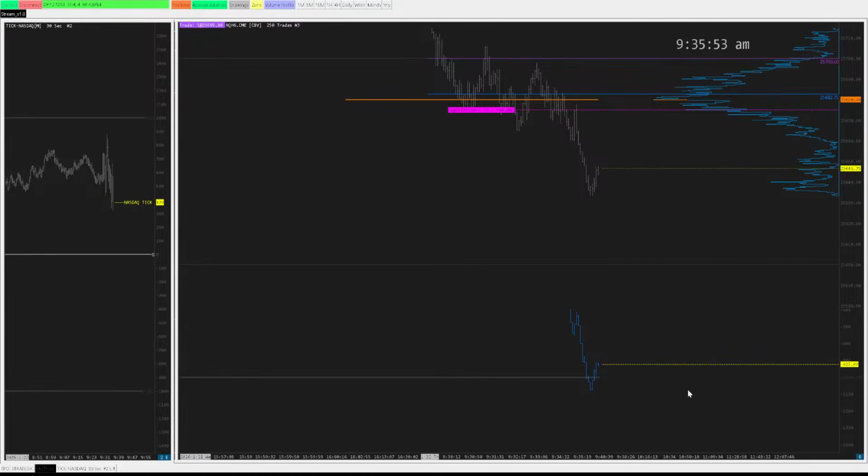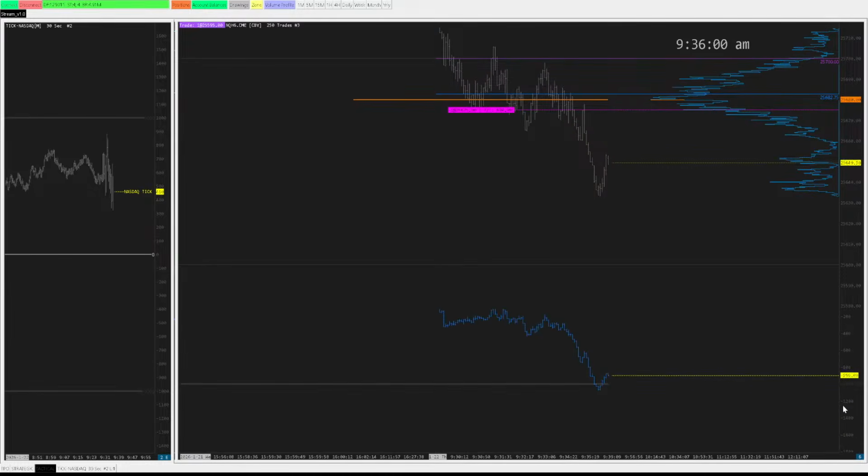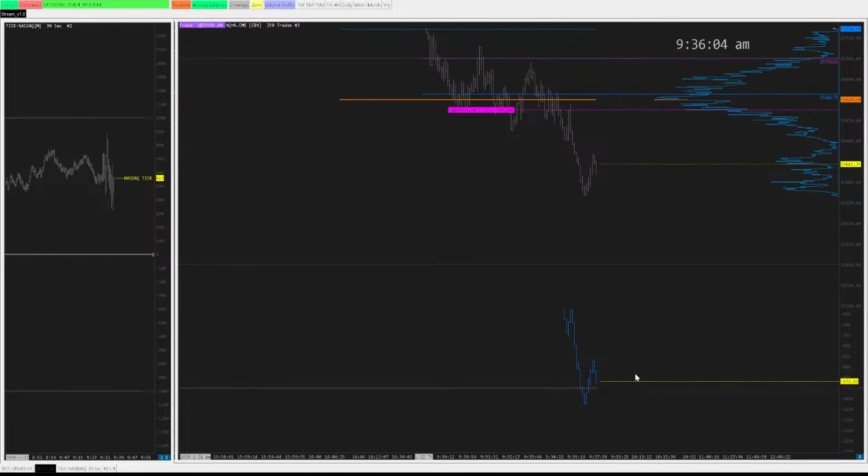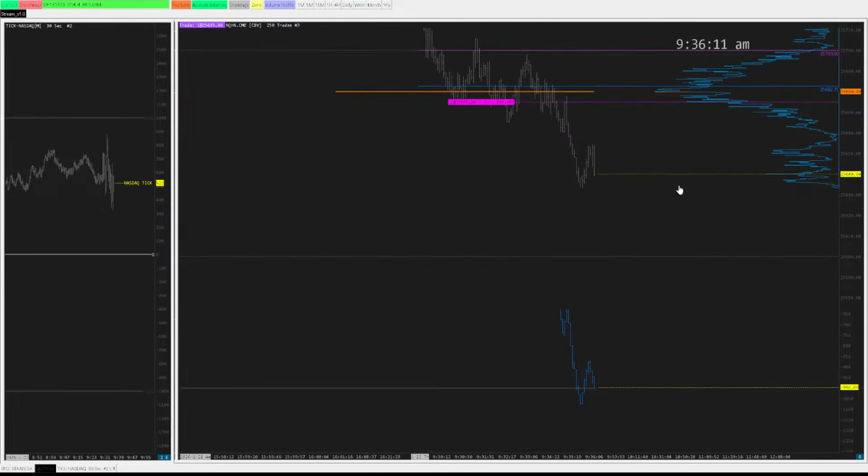See if we get another little push down. Still in the trade. We still have good alignment between order flow and price. So there's no divergence, right? No reason for me to really get out yet.